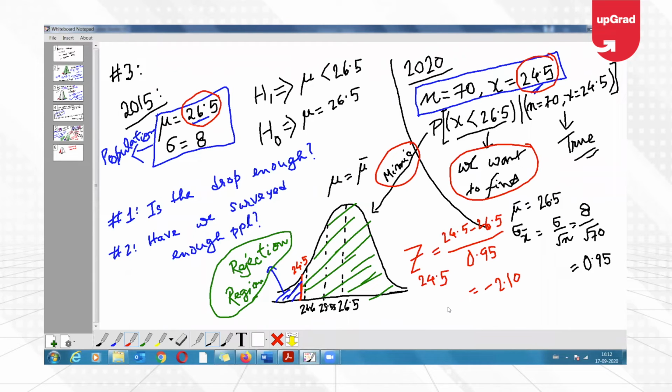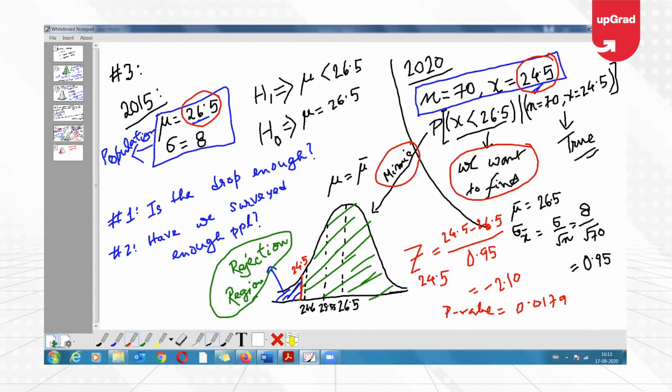So the p-value here is 0.179, and this p-value is for the rejection region, right?